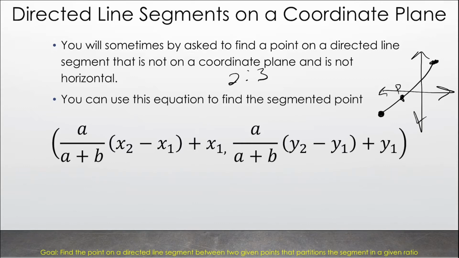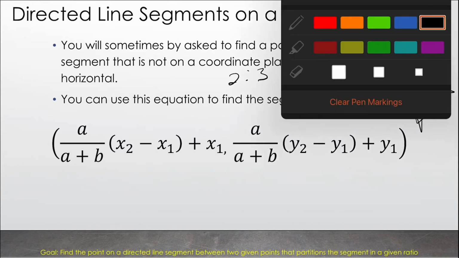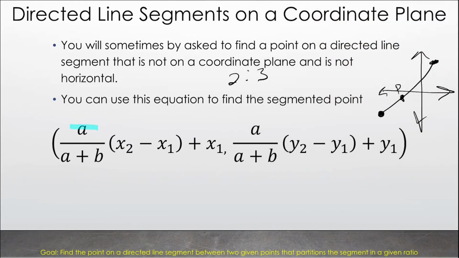And this is the equation we're going to use. a divided by a plus b multiplied by x sub 2 minus x sub 1 plus x sub 1, comma, a divided by a plus b times y sub 2 minus y sub 1 plus y sub 1. So I want to make a point here. So what this is, I'm finding a coordinate point.